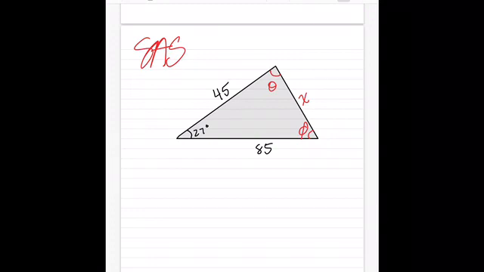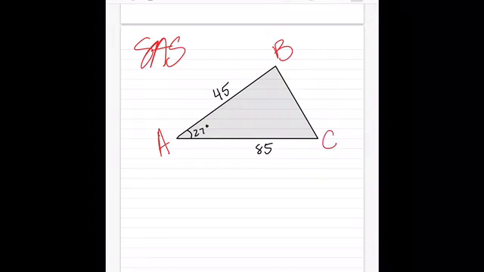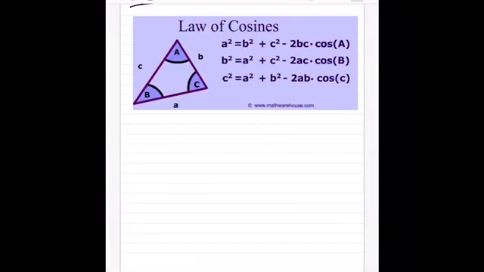But let's back up. I'll go ahead and label them for you just to make things a little easier. So let's call this A, B, C. That means this is side C, this is side B, and this is side A. So I'm going to find side A first.